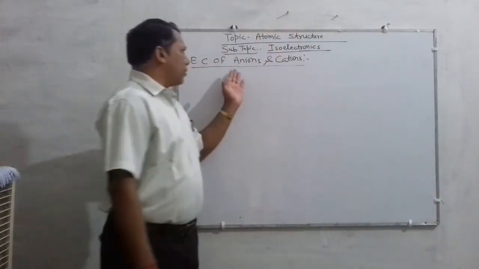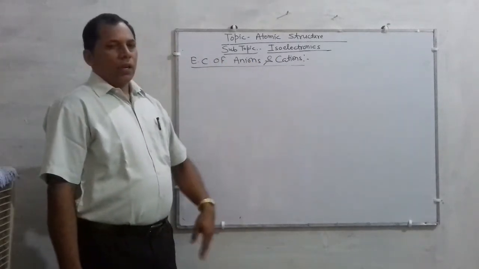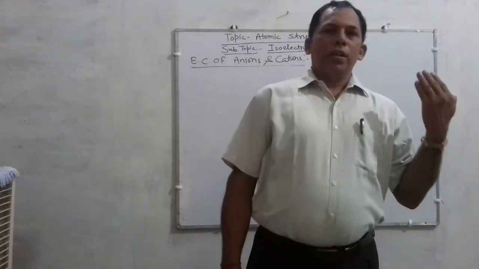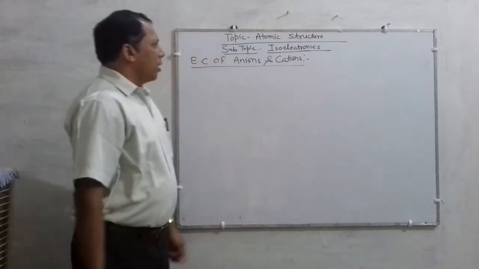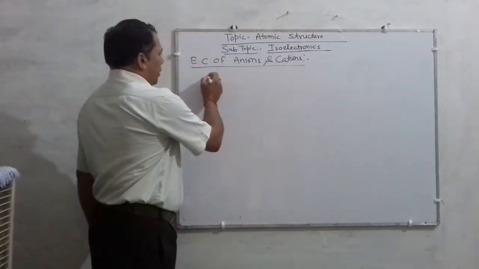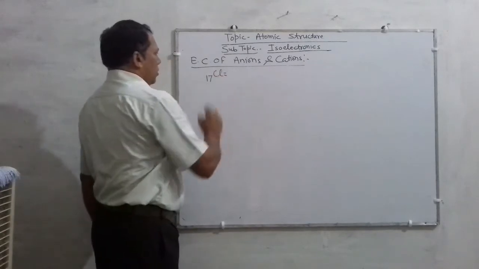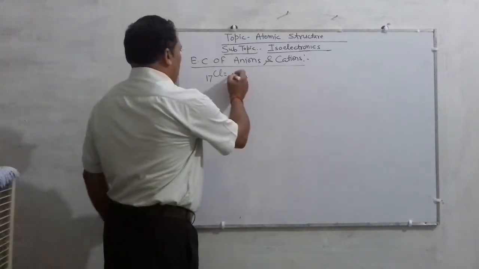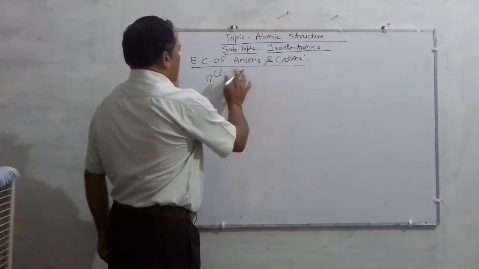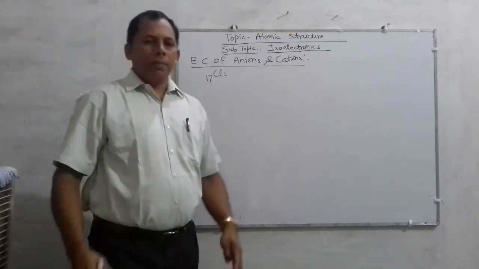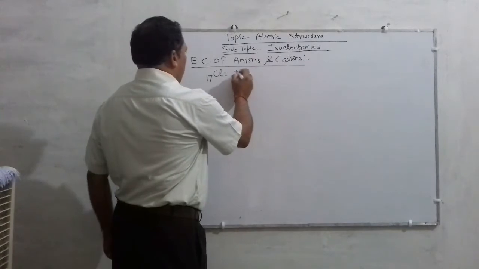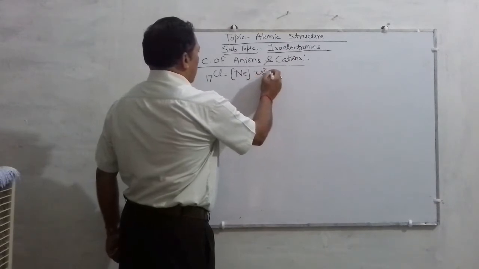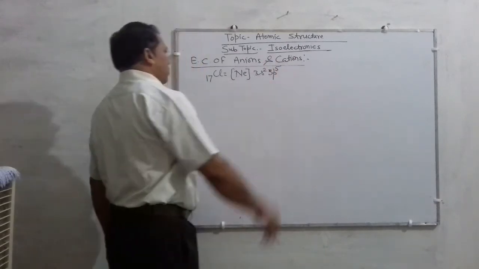So on these facts, how is the electronic configuration of an anion and of a cation written? See clearly. Suppose I am taking a simple example, chlorine. An easier manner of writing this, which I taught in the previous lecture, is the electronic configuration of neon and 3s2 3p5.